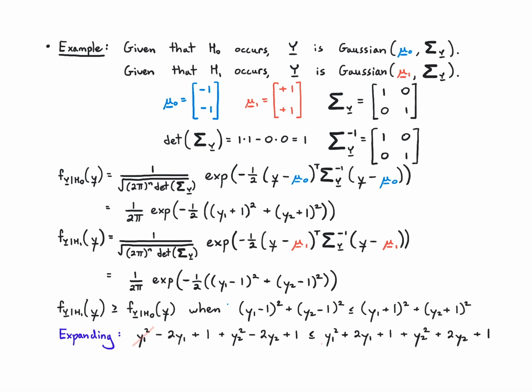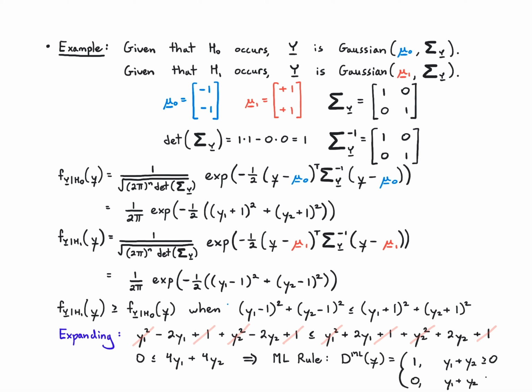So cross out a lot of terms: the y1 squareds, the y2 squareds, the 1s. All those are crossed out. So what I'm comparing in the end is 0 to 4y1 plus 4y2. And so the ML rule in this case corresponds to something actually quite simple. It's just going to pick 1 when y1 plus y2 is greater than or equal to 0, and 0 when y1 plus y2 is less than 0.